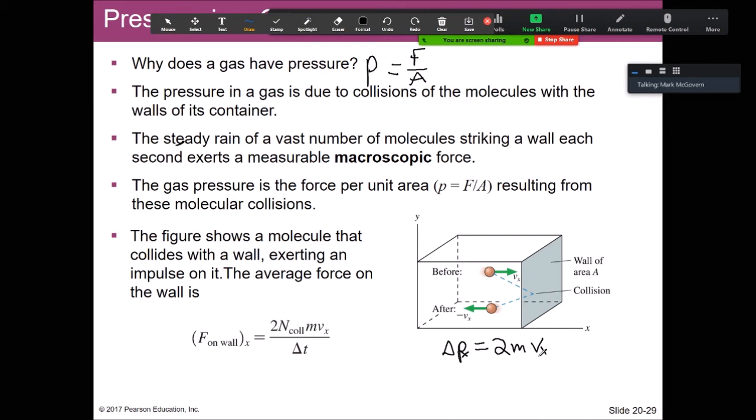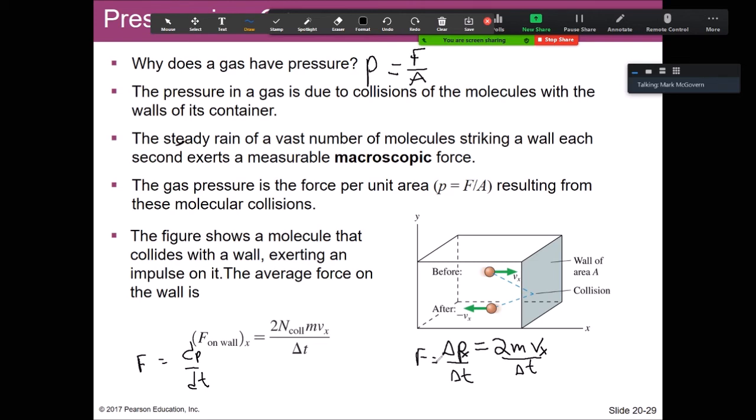Now, you hopefully will also remember that force is dp/dt. So I can simply divide this by a delta t, and that is a statement of average force.